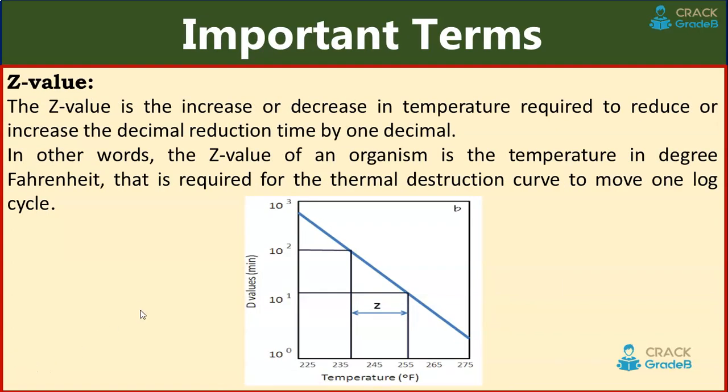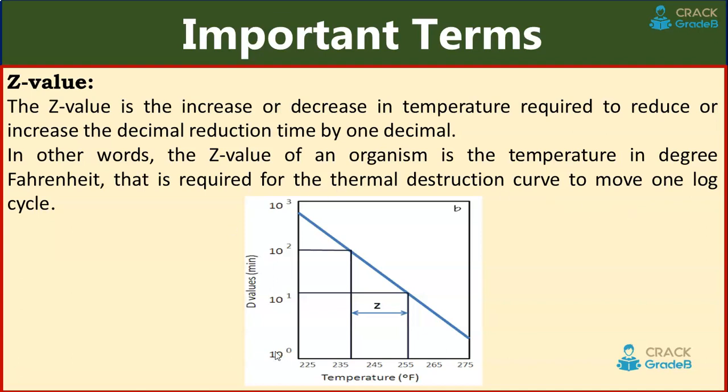Z value. The Z value is the increase or decrease in temperature required to reduce or increase the decimal reduction time by 1 decimal. In other words, the Z value of an organism is the temperature in degrees Fahrenheit that is required for the thermal destruction curve to move 1 log cycle.